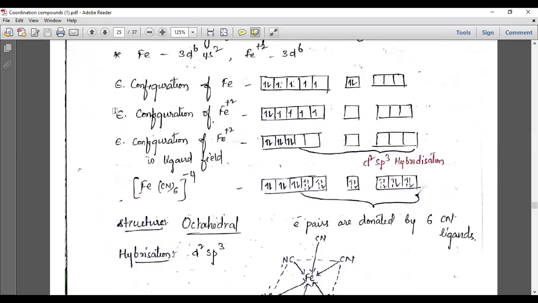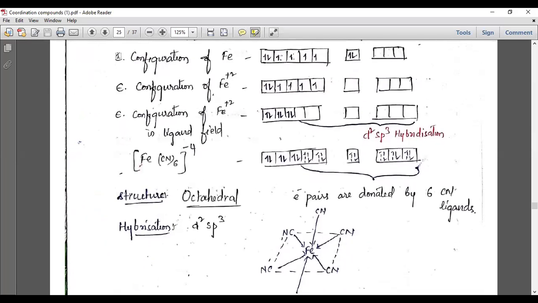So you should write the electronic configuration like this: 3d6 and 4s2. Then the electronic configuration of iron, that is Fe2+.